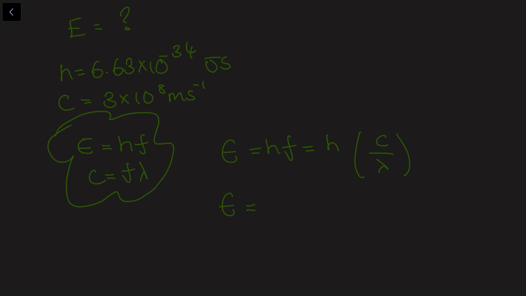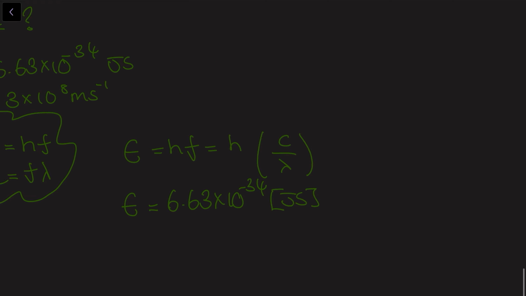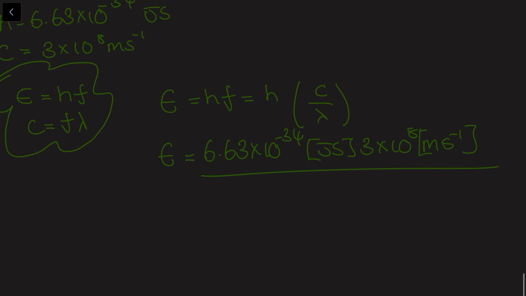So the energy is now equal to 6.63 times 10 to the minus 34. I would recommend just keeping the units in, and we'll multiply it by 3 times 10 to the power of 8 meters per second. Notice how I'm using negative powers. And we're going to divide everything by the wavelength, which was 590 nanometers, which is times 10 to the power of minus 9 meters.